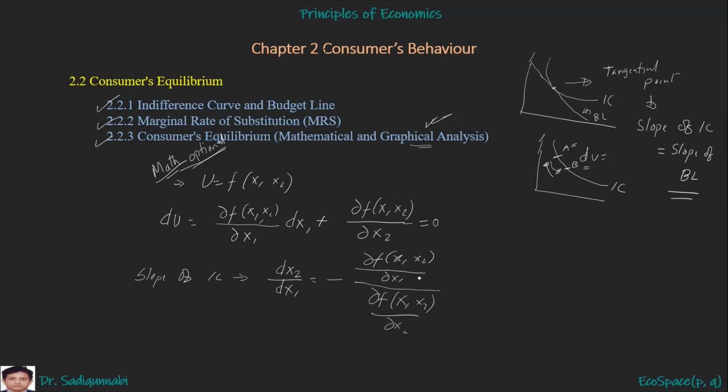Okay, so this is the slope of IC, and this is actually minus MRS x1 x2. We have seen in the earlier pages.